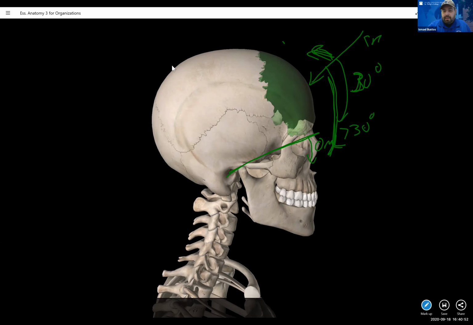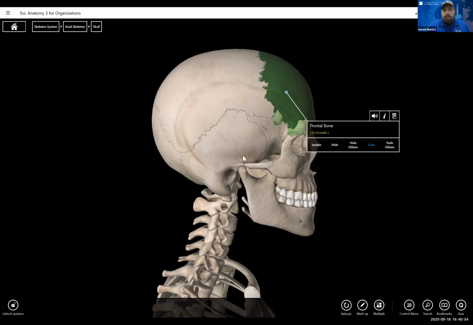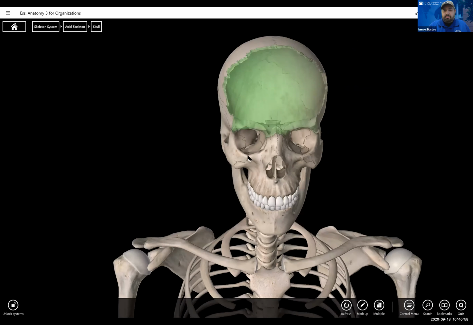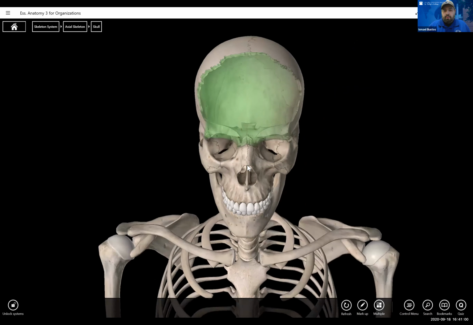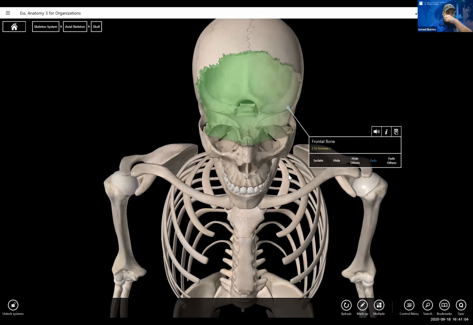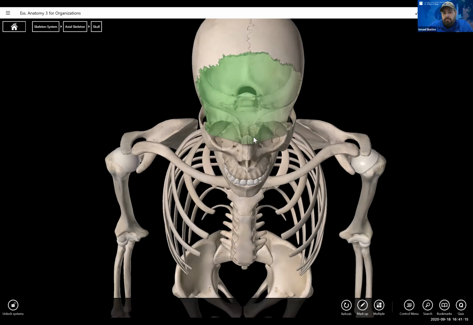I know it's a lot of stuff to try to remember, and I'm trying to help you visualize what it looks like. So that again is what we want to see: a perfect 30 degree angle between the CR and the OML. If there's too much angle between the CR and the OML, it goes like this.